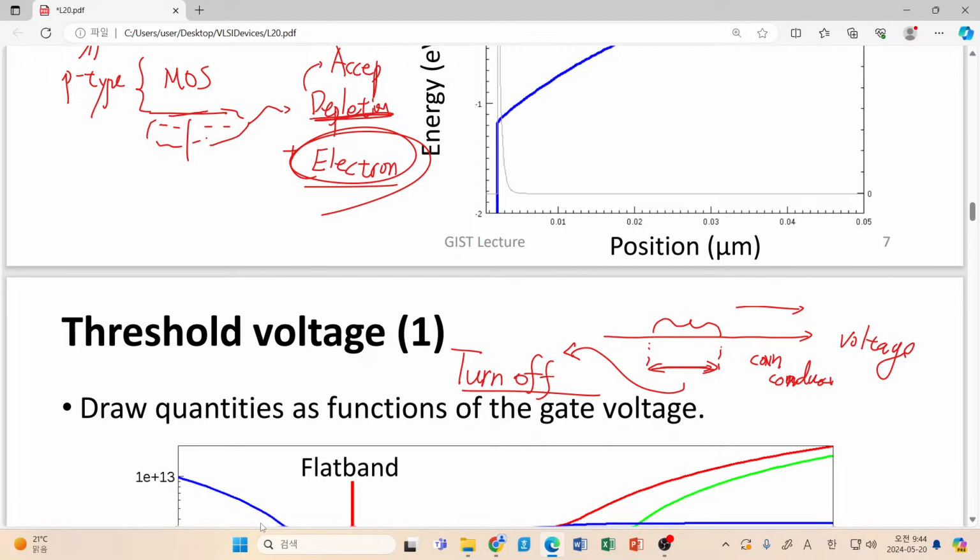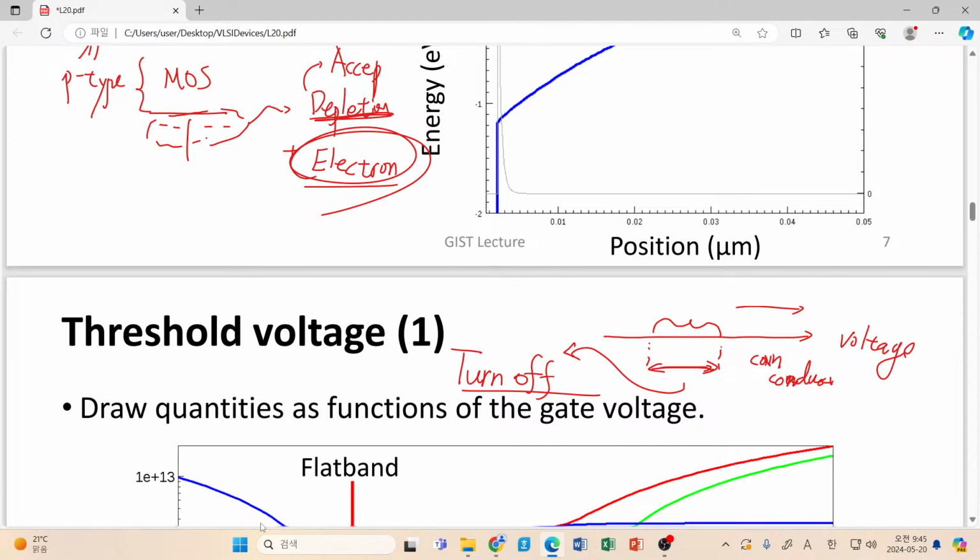That is important actually. Current conduction is well done by just a conductor. If we use a conductor, then we can always allow current conduction. The key point of our electronic device is not actually conduction, but the ability to turn off our device and not allow it to conduct current.